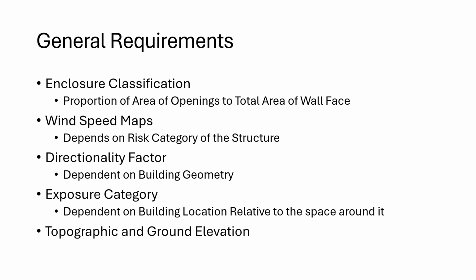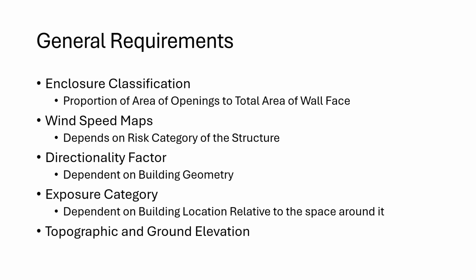So there are exposure categories A, B, and C, I want to say, and that is dependent on where the building is and the characteristics of the surroundings of the building.